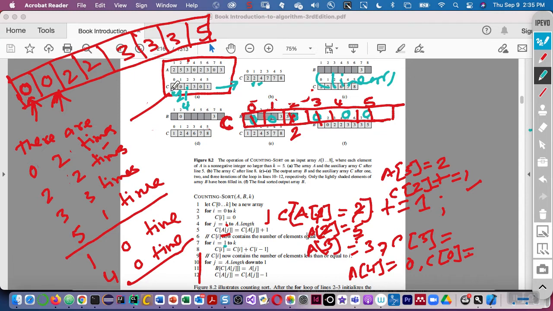Then 2 plus, we already have 4, plus 3, is 7. The third value will be 7, and then the fourth value will be 7 plus 0, this is 7, and the next value will be 7 plus 1. That value will be 8. So this is the updated C array.